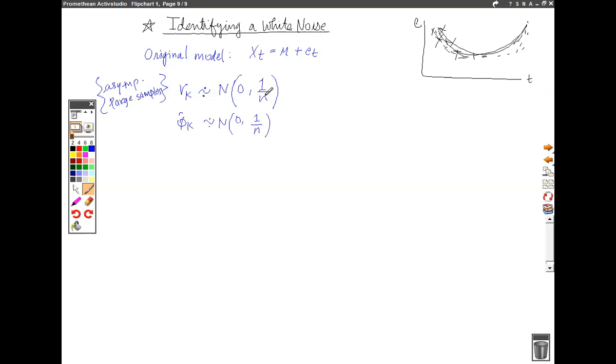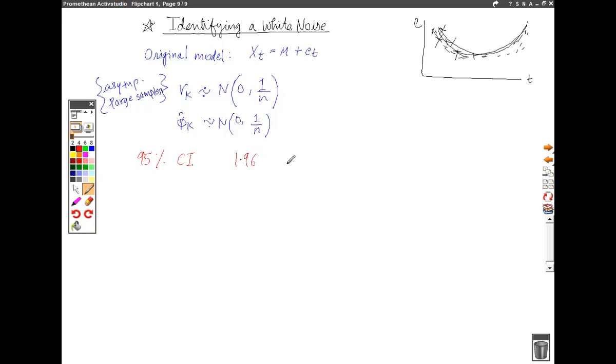So now you will figure out some confidence intervals for these. If your sample ACF or sample PACF falls outside that range, then you will say that the model I am looking at doesn't have white noise. So let us have a look. If you are looking at a 95% confidence interval, I know the value will be 1.96.